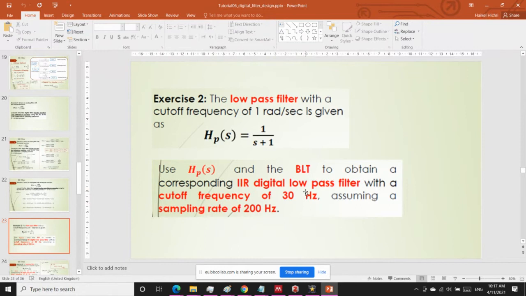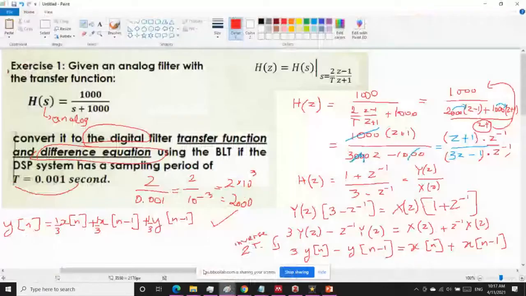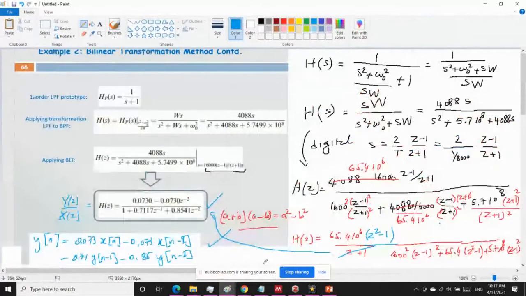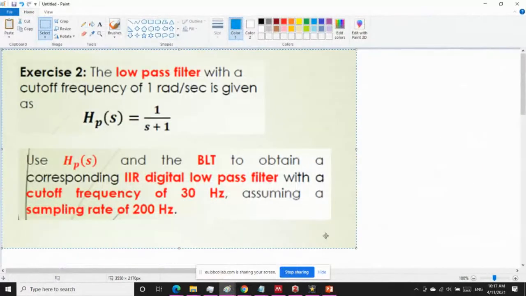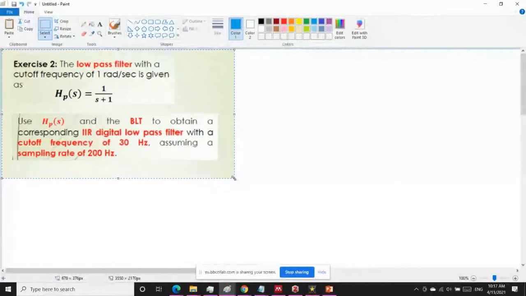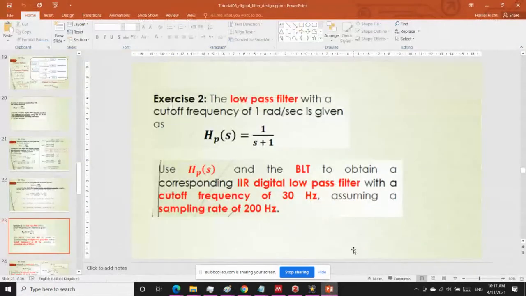So this is just a direct application of these equations.